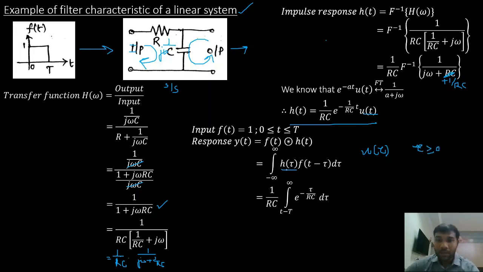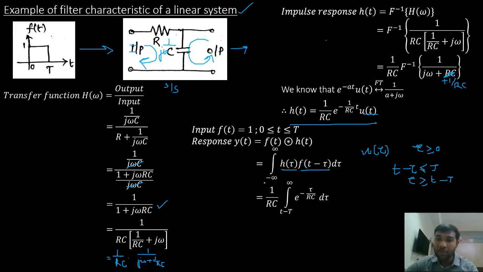And then f of t minus tau, if I substitute t minus tau in place of t, it is less than or equal to T. So what is the value of tau? Tau is greater than or equal to t minus capital T. So the lower limit now, instead of minus infinity to infinity, I have my limits.